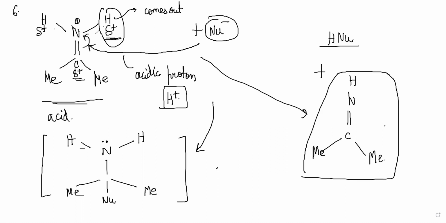Then it could break one of the hydrogen bonds. But first of all, how will 5 bonds happen? Because 5 bonds are forming at some stage, and only after that it will break. It won't happen.